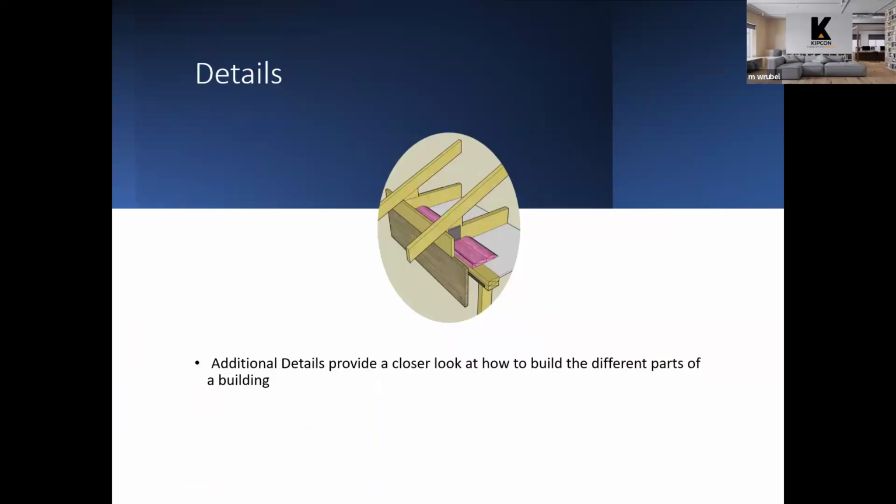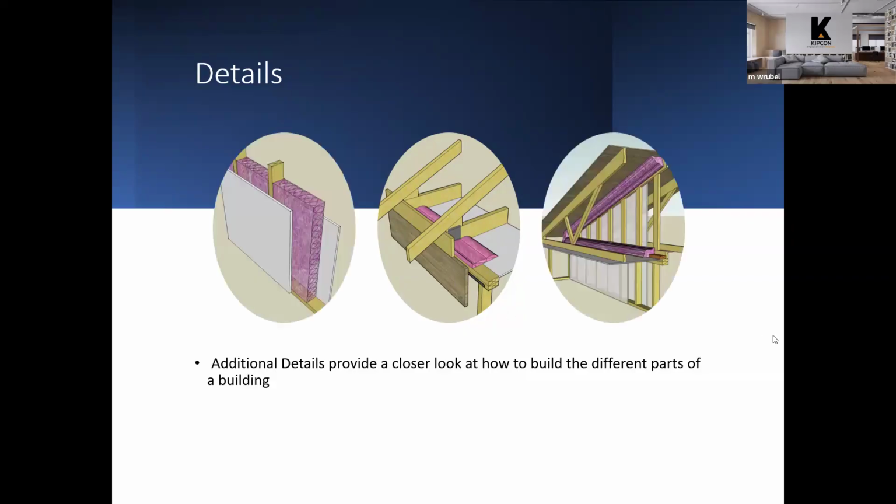So now we get into the most refined information in a plan set, the details. The details, as it says, provide a closer look into how to build specific parts of the building or your site. This is just showing some 3D examples of what that might be.